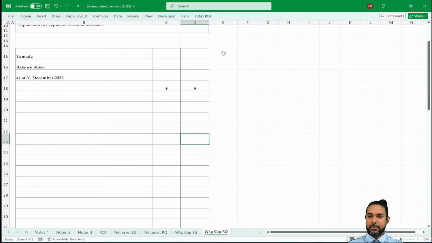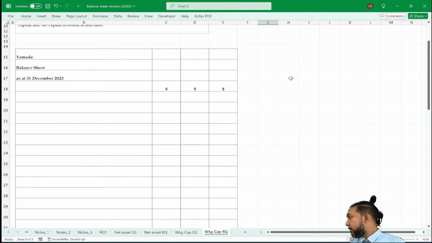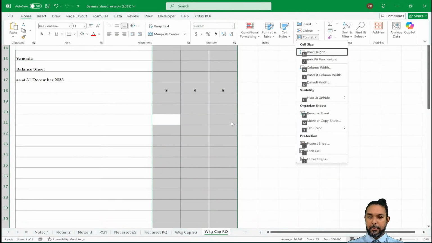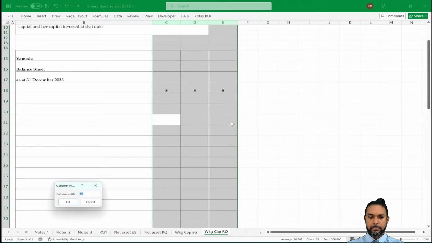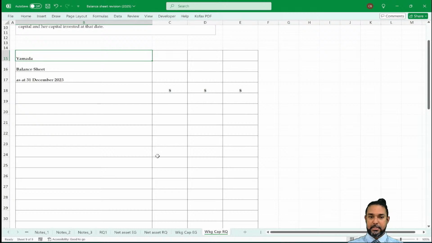How many columns do you want? Two or three? All right, I'll do three. Hey, Mandeep, how you doing? Give me one second. All right, all organized.